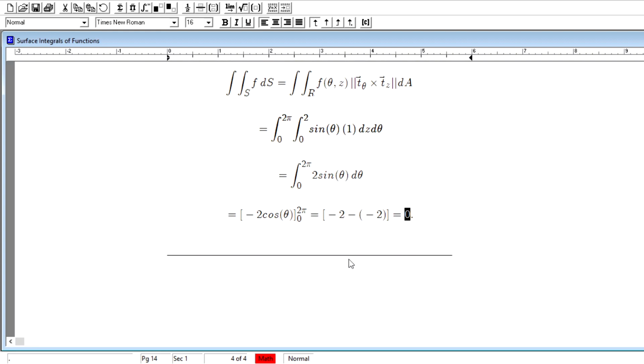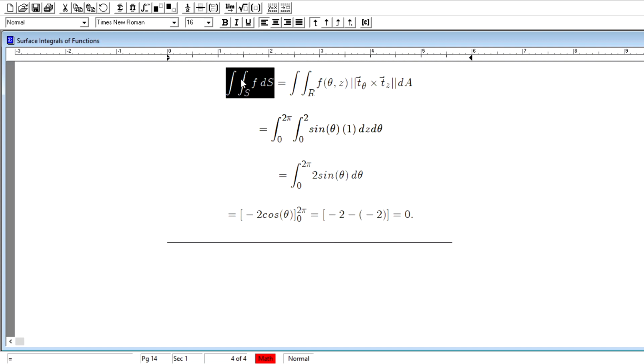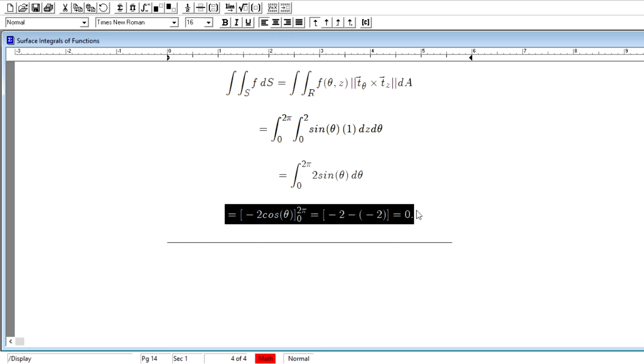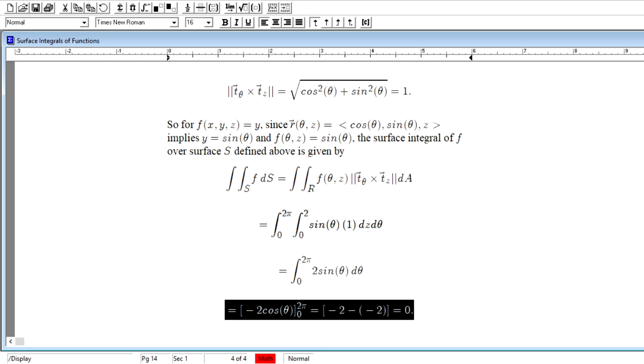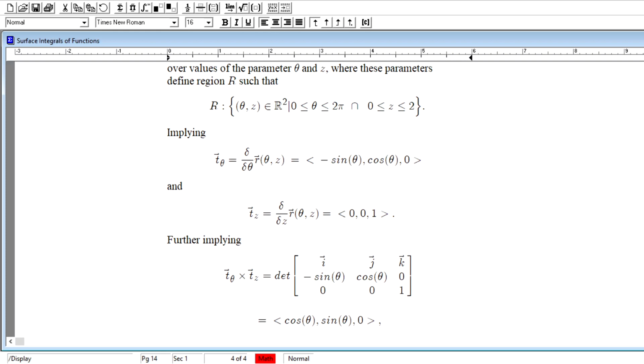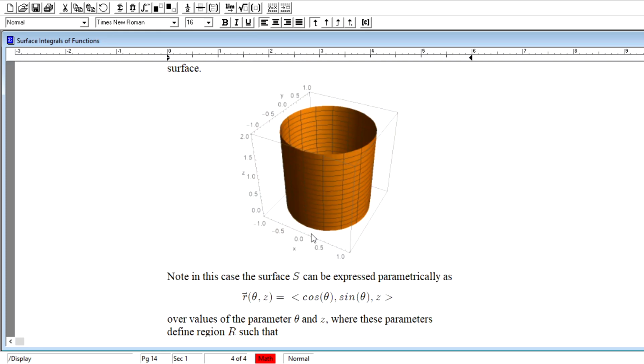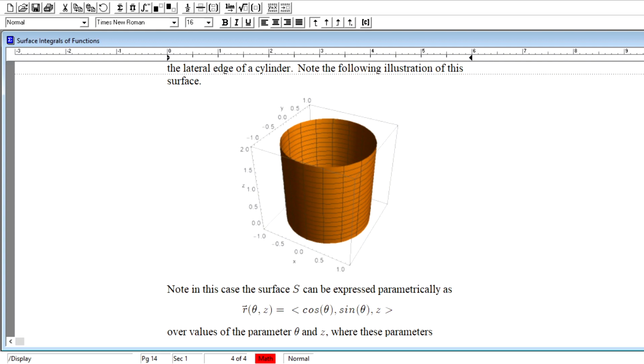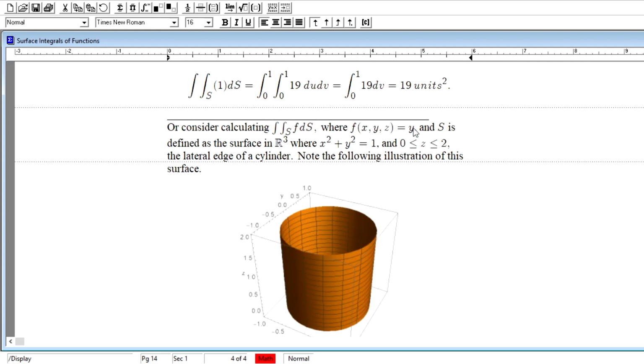And what we end up calculating here, folks, is the surface integral of f over surface S, where this number is 0 in the end. You go, well, what does that all mean in terms of value here? If we go back to our picture, what's lacking in this picture is f moving through this space. But if you think about f being just the value of y, it does not depend upon x, it does not depend upon z, right?